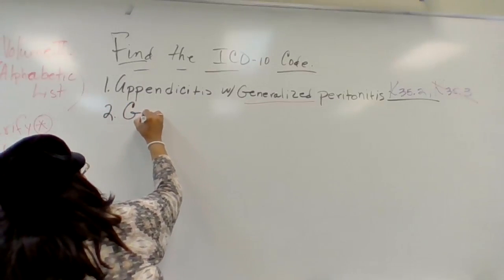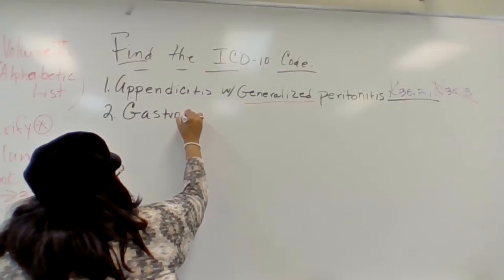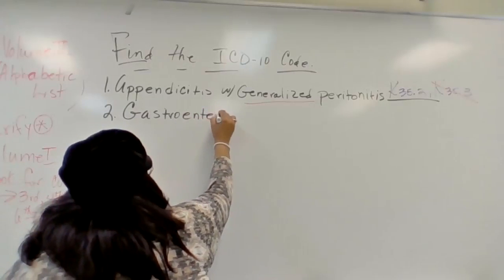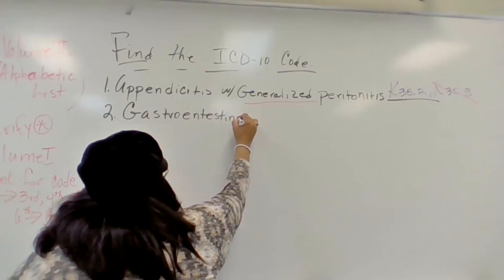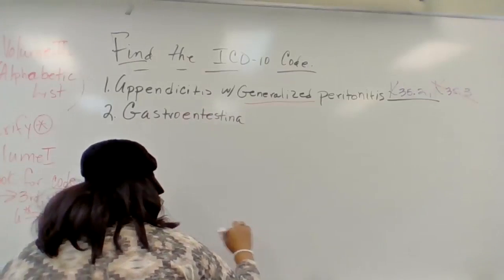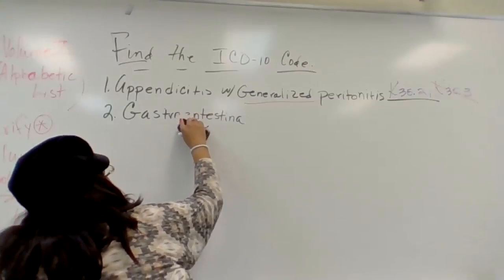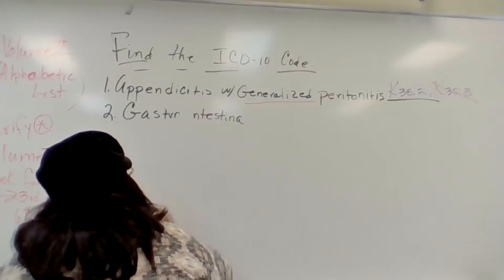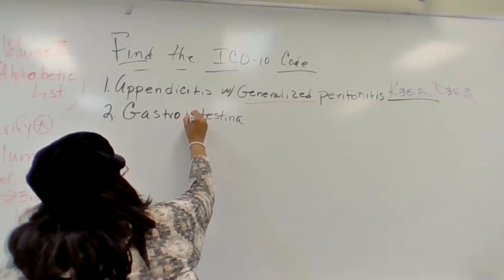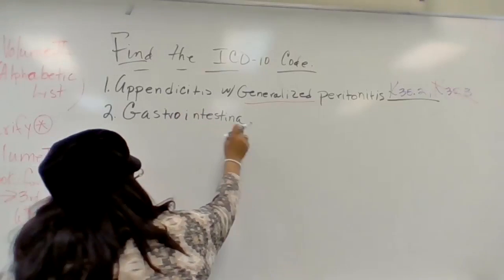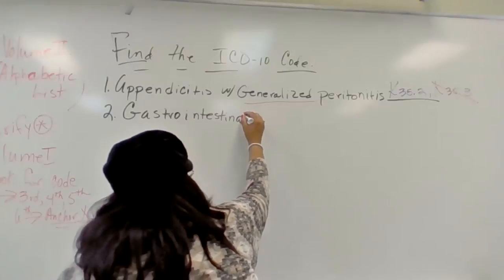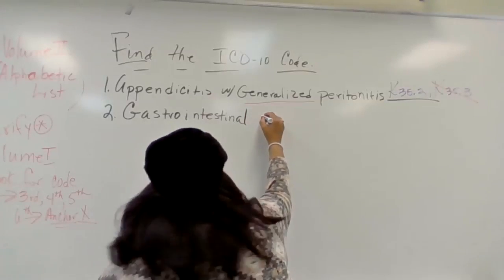Gastrointestinal. Did I spell this right? I-N. Intestinal, A-L. Okay. What else? Bleeding.